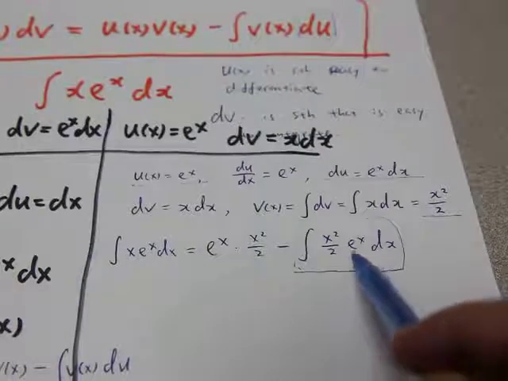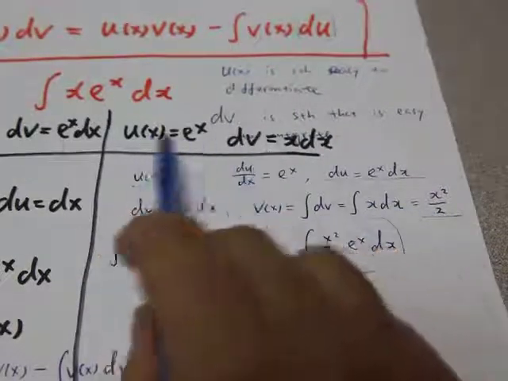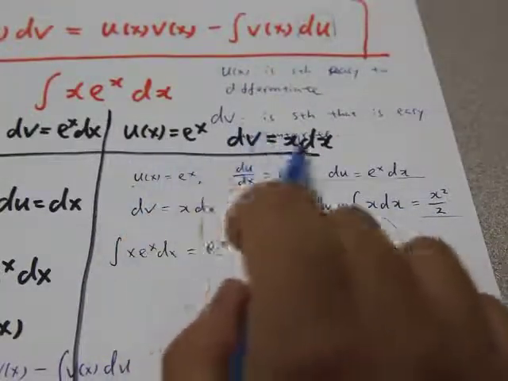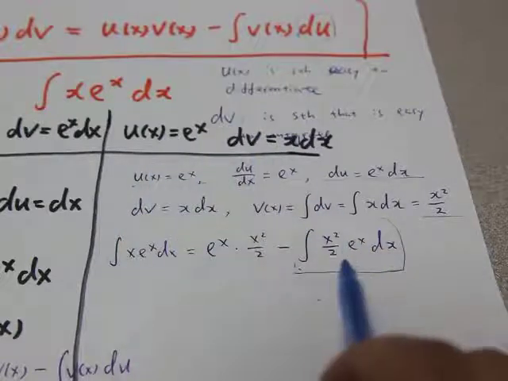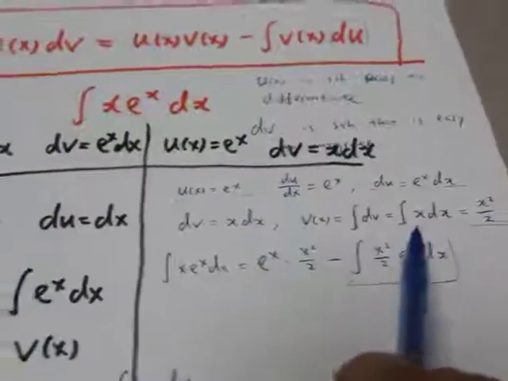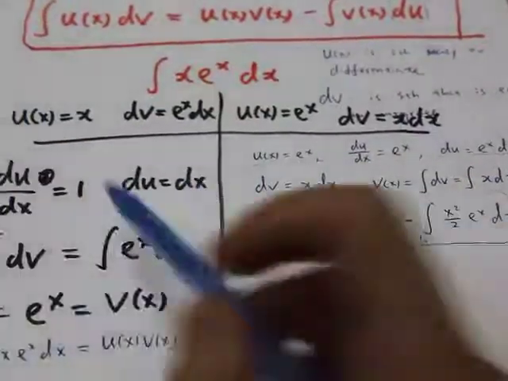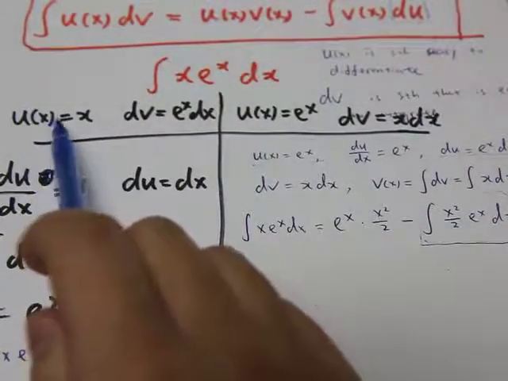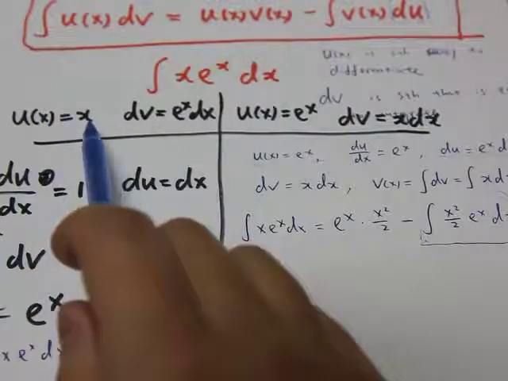So that means this way it doesn't work, because it will generate a much more difficult integral. So the right way to choose u and dv is like this.